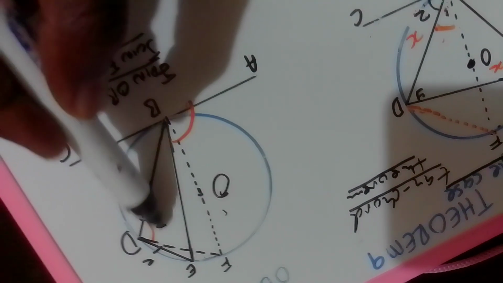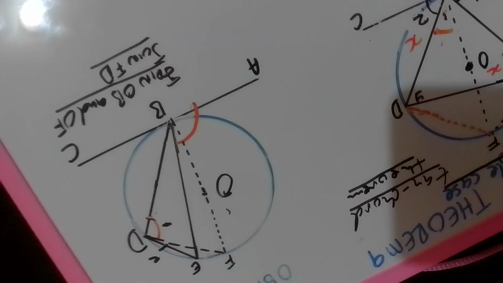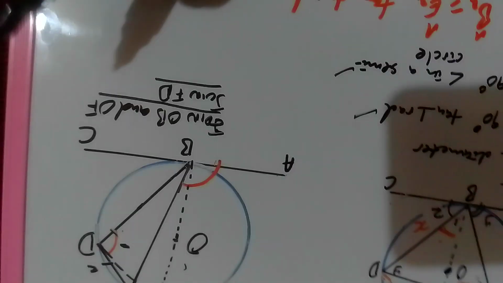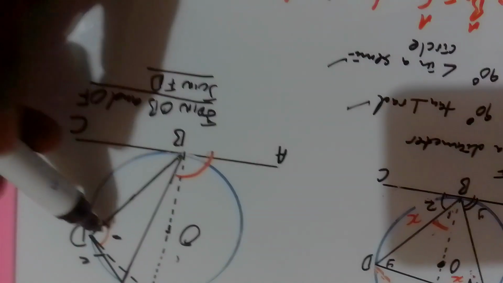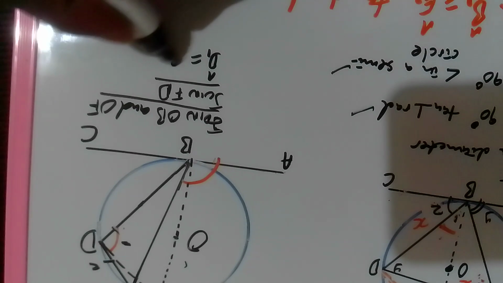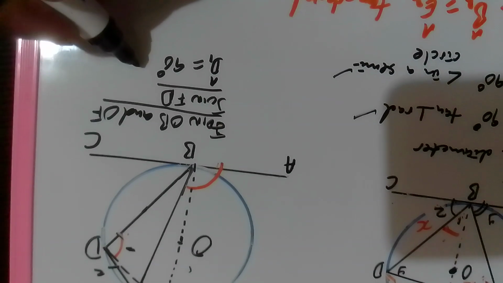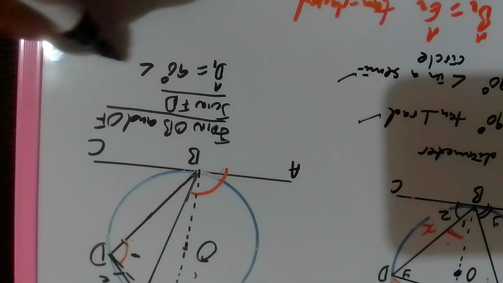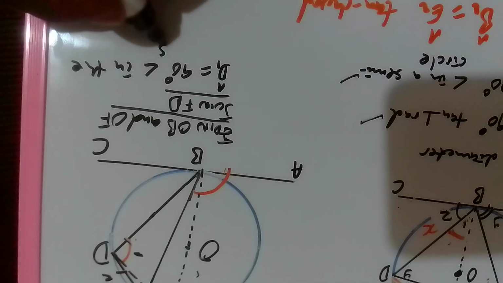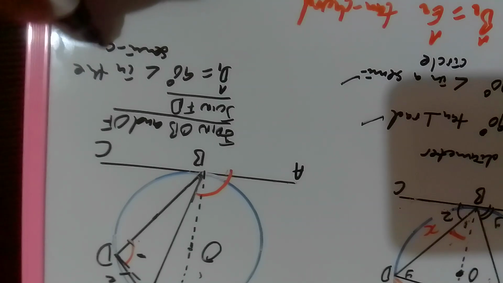So it means that angle D1 is equal to what? Is equal to 90 degrees because it is an angle in the semicircle. So now I say angle D1 is equal to 90 degrees, and I say angle in the semicircle.